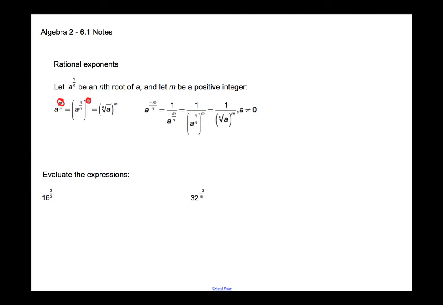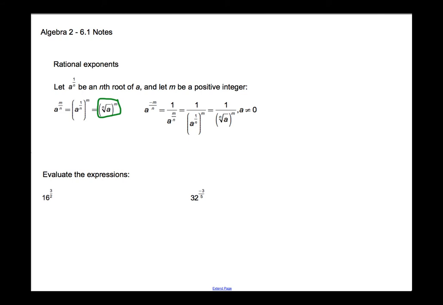So I've got an m for my power. My root is the bottom number right down here. So if the top number of the fraction is my power, the bottom number is my root. So if I've got m over n, m is the power, n is the root, all right?